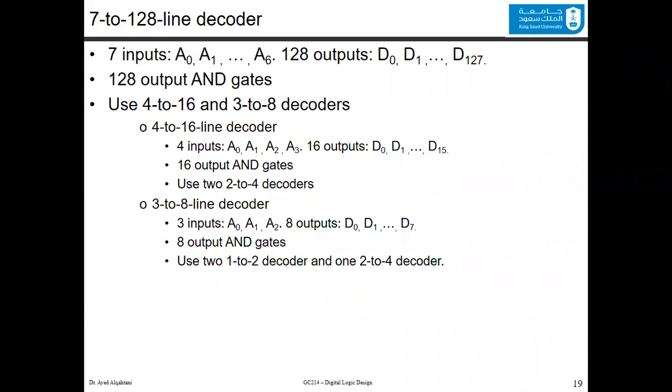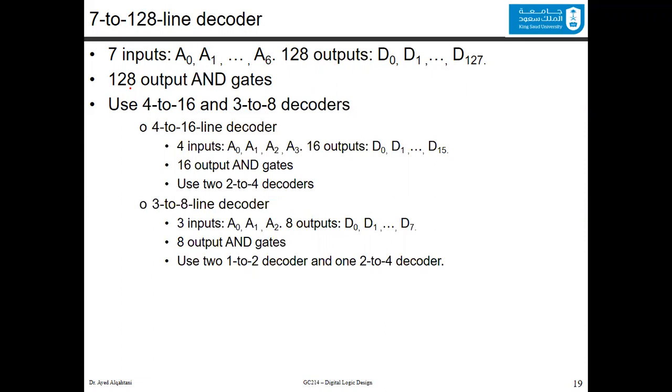Now, suppose you were asked to do the expansion for a 7 to 128 line decoder. So you would say that I have 7 inputs from A0 to A6, and I have 128 outputs from D0 to D127.